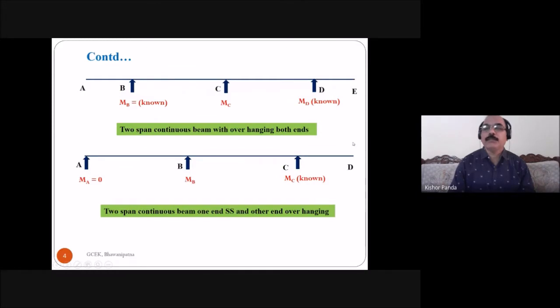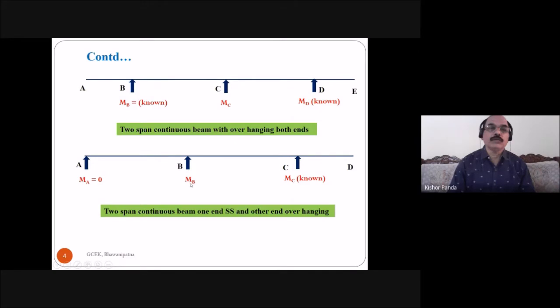And if there is a point load at the end of the cantilever overhanging portion, you have to find the moment here: this load into this distance. So this is the moment you can find by considering this as a cantilever portion.